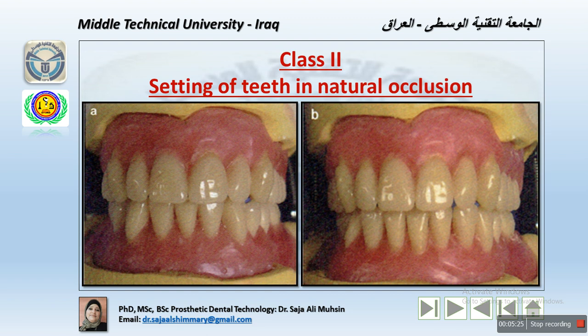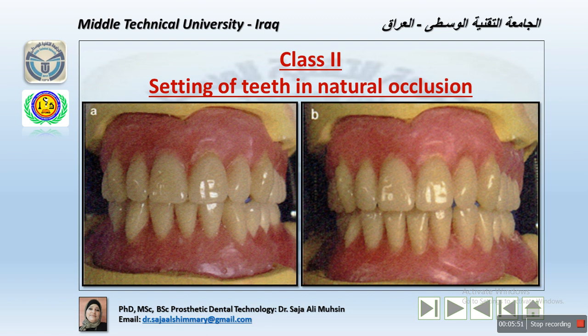Then, another option is to select a smaller set of mandibular teeth. Instead of using a smaller size of artificial teeth in the lower arch because of the narrow arch, we can reduce the spaces between the teeth by adding an additional tooth of the same size that we used for this case.